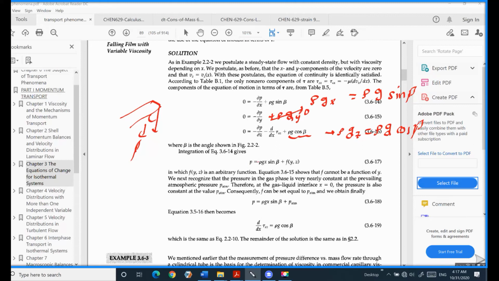Then from here, we just have these three equations.